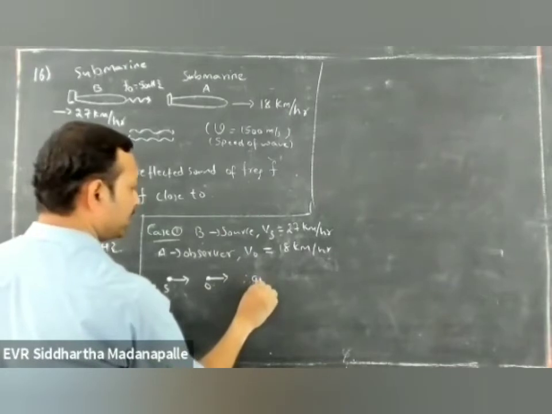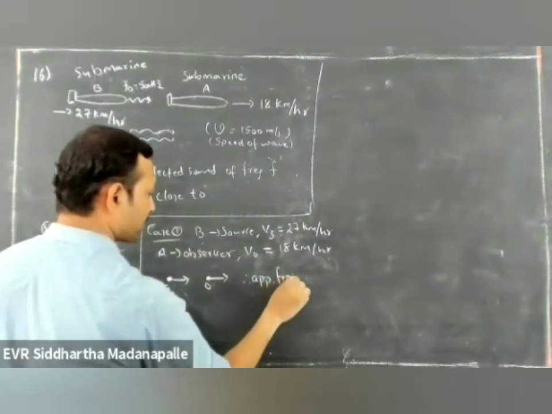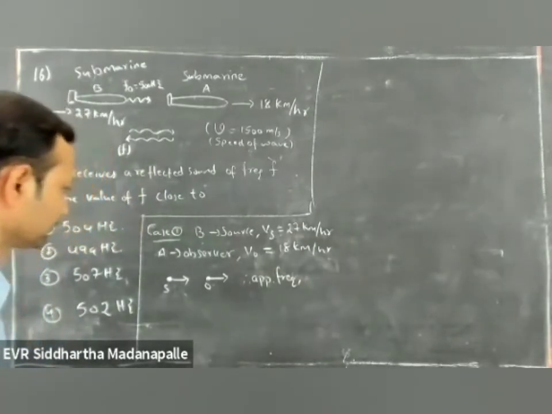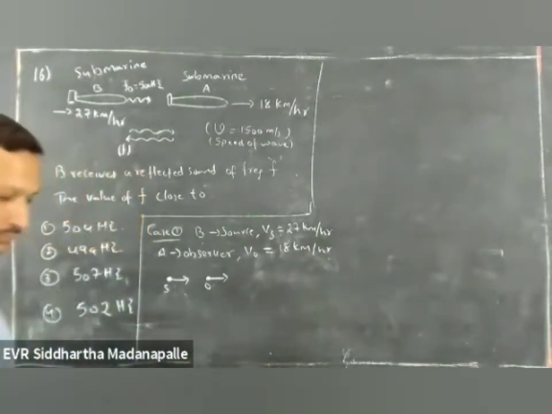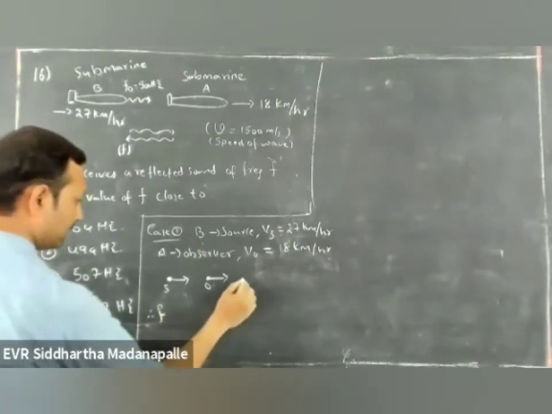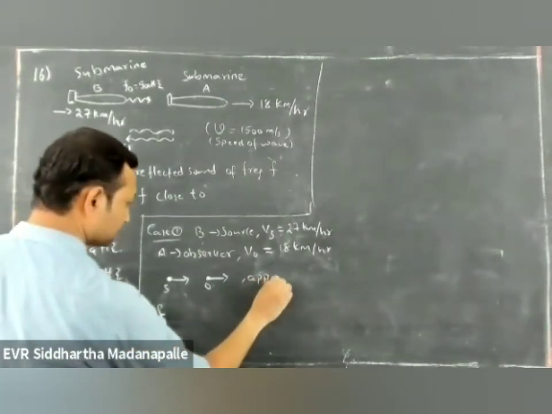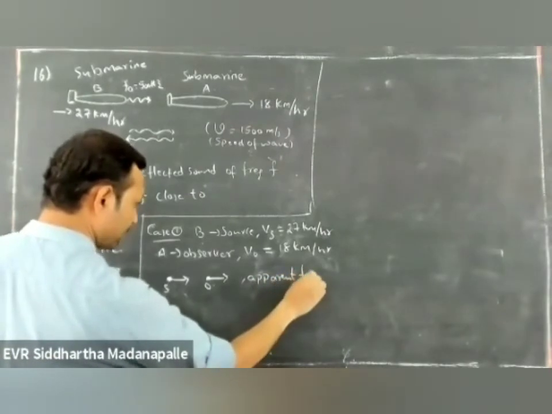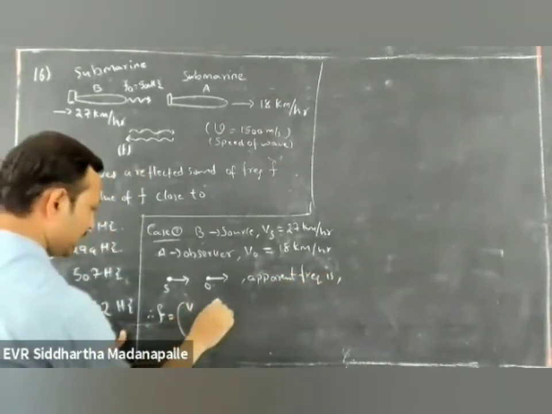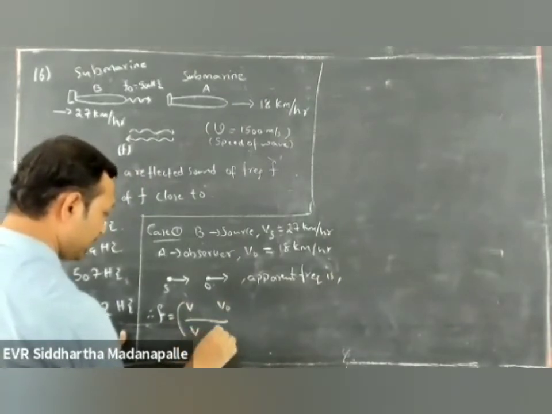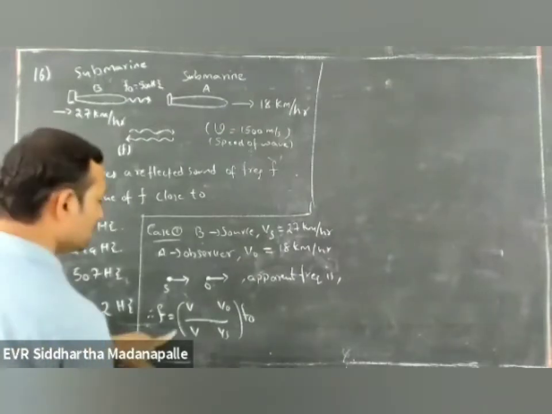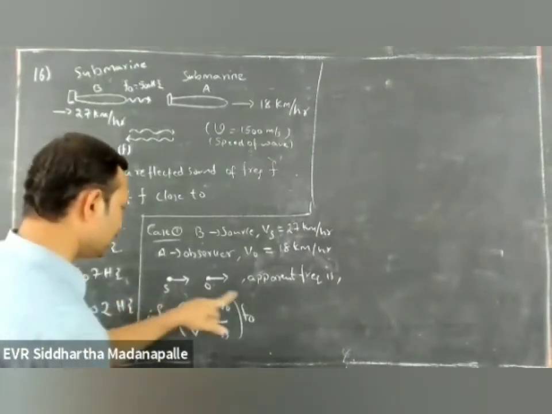Therefore, the apparent frequency will be F equals V naught by Vs into F naught. Okay, so the source is moving.